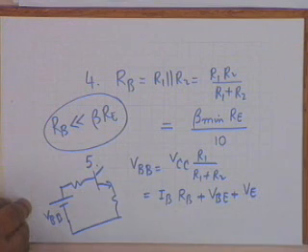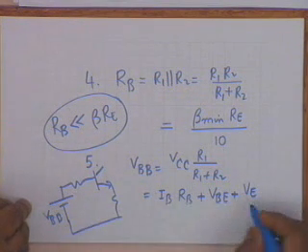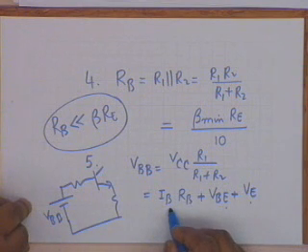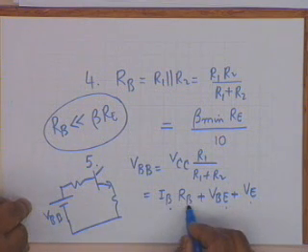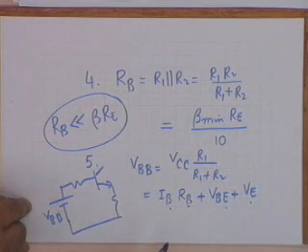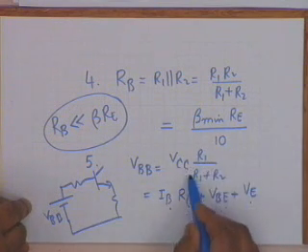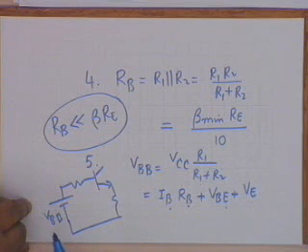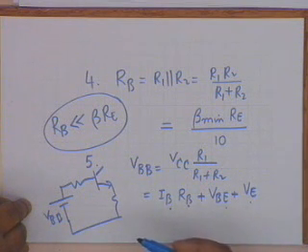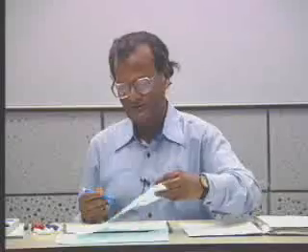You know VE, you know VBE, you know IB, you know RB, you have chosen it, and therefore you know two things. One is R1 R2 divided by R1 plus R2, and the other thing that you know is R1 divided by R1 plus R2. From these two, then you find out R1 and R2, and these complete the design.